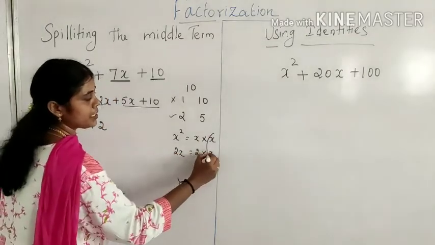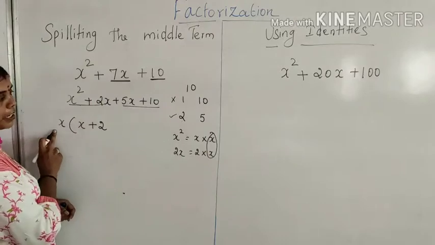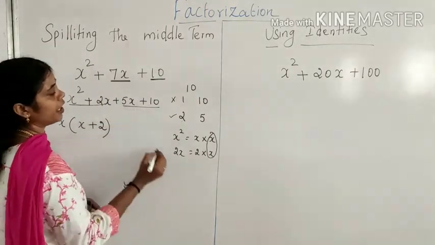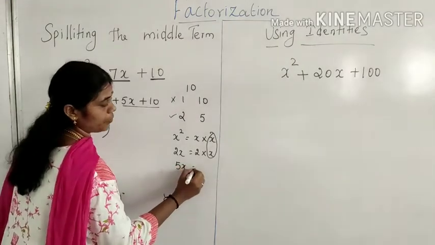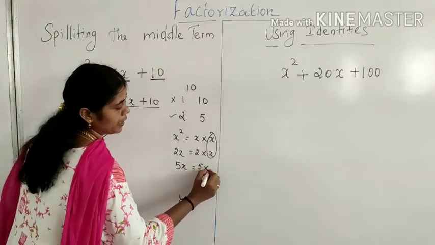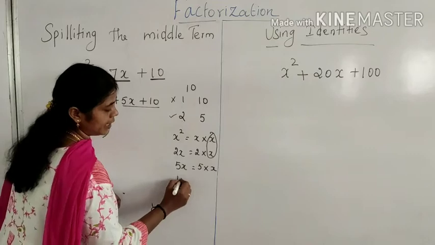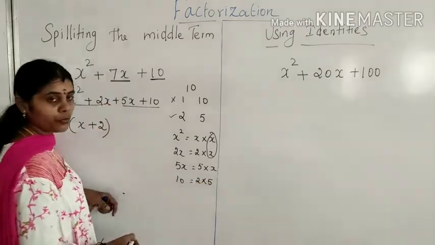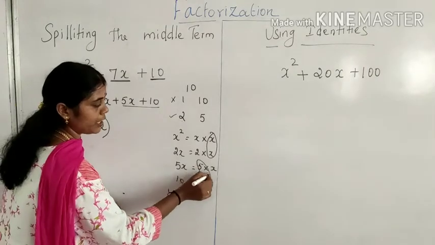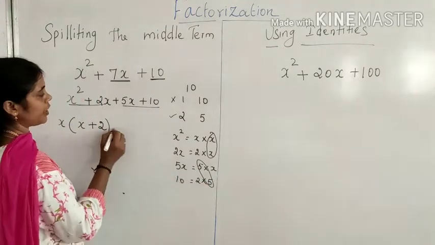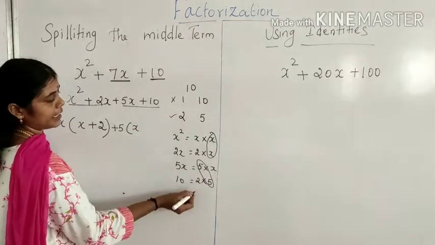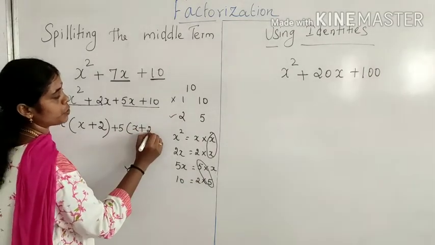So we take the common x out, and the left-out term is x plus 2. And here, 5x is 5 multiplied by x, and 10 can be written as 2 multiplied by 5. The common here is 5. We take 5 out, and what is left is x and 2, so x plus 2.